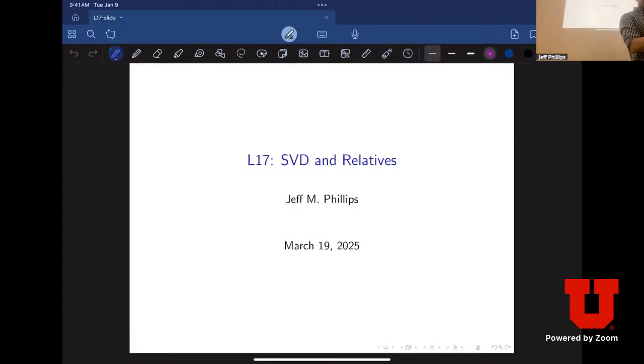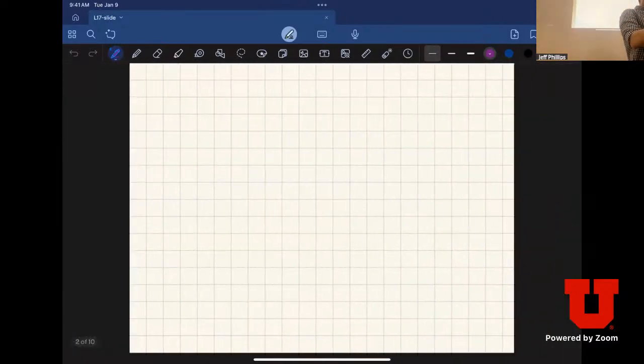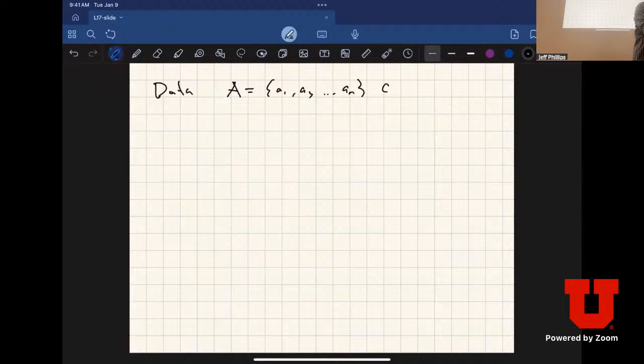Again, we already pre-processed this by talking about when we have data. Now we'll call our data A1, A2, up to An, and each of these is going to be an element of R^d. Sometimes I'll say A is an element of R^(n times d).